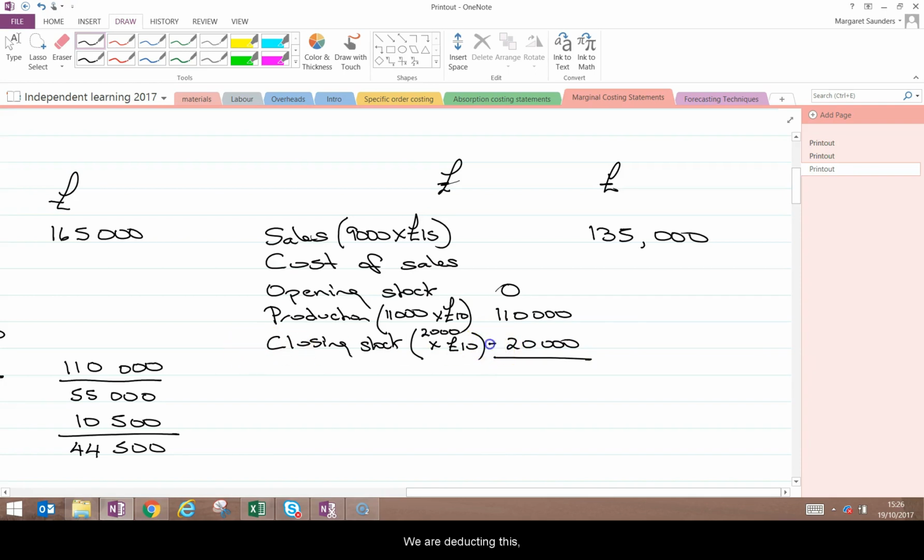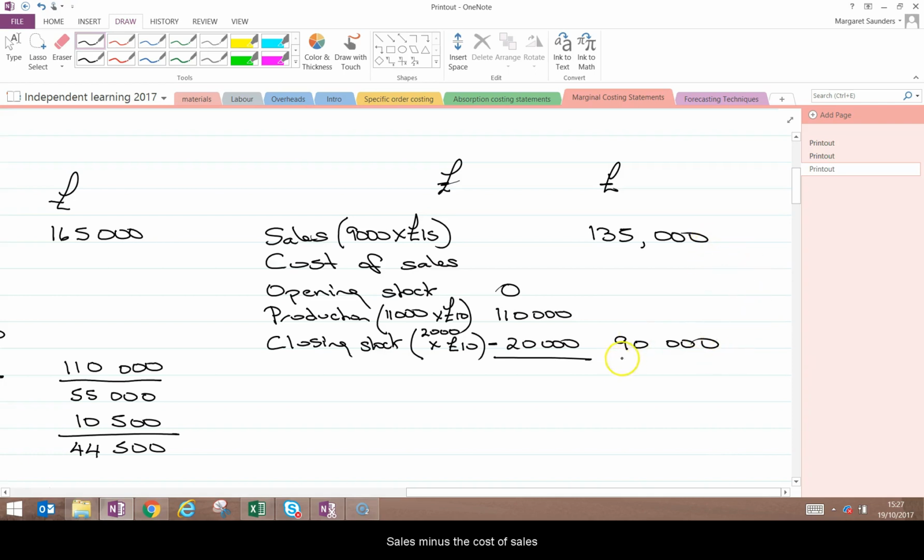So we are deducting this. So cost of sales calculation, opening stock of 0 plus the production minus the closing stock gives us a cost of sales of £90,000.